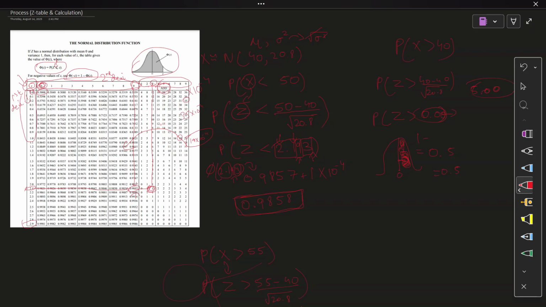And the last decimal place, which is the third decimal place, is read from the add column, and the add column has values already exponential to 10 to the power minus 4. So whatever you read, you add 10 to the power minus 4 to it, and then that whole chunk will be added to the main value, which you read from the first two decimal places, as we learned over here.